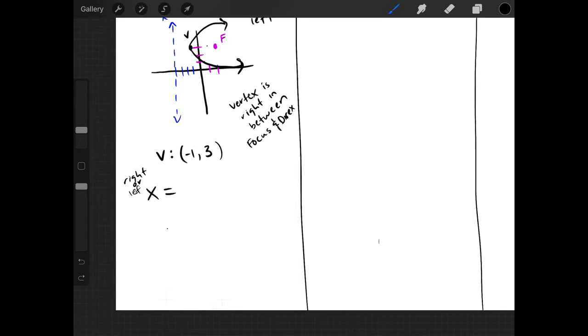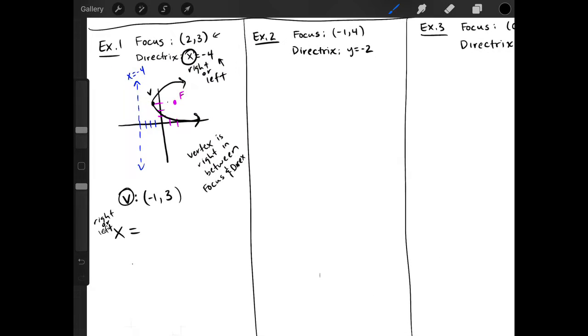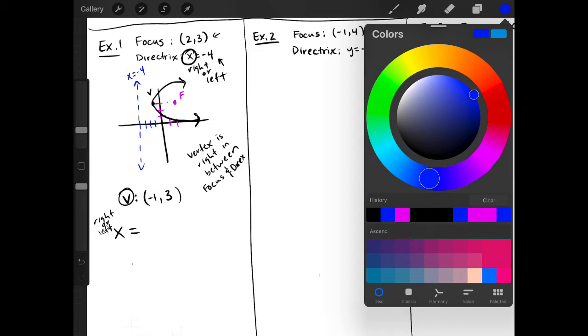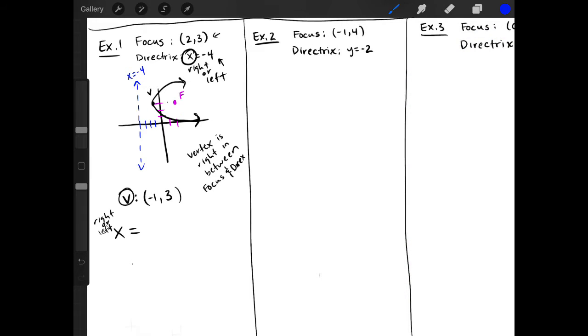The second step is we need to add the vertex into our equation. The way we're going to add the vertex into our equation is by setting up this second piece. If we started with x equals, then our parentheses here has to have our y, or whatever our y value is. We can't have the same variable twice. So what we're going to do is look at that y coordinate for our vertex. It's a +3. So we go here and put +3. No, because we're going in parentheses, we have to think opposite there.